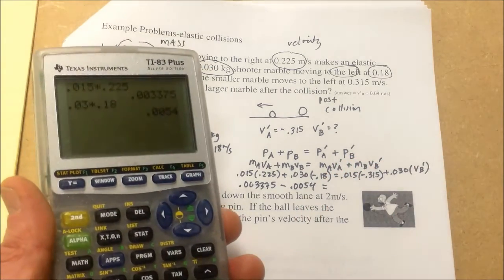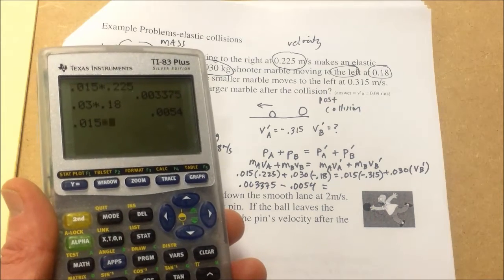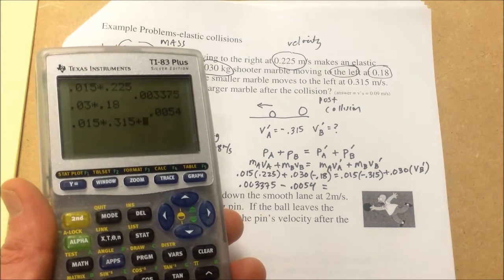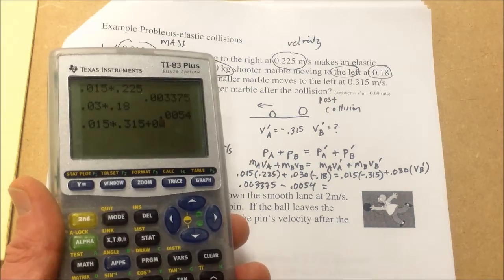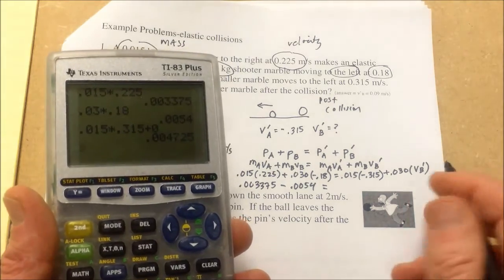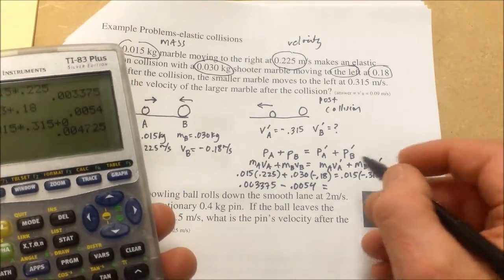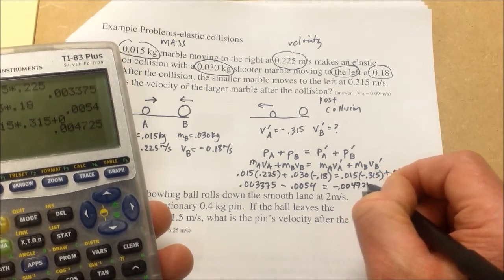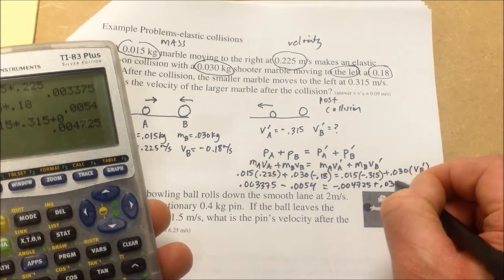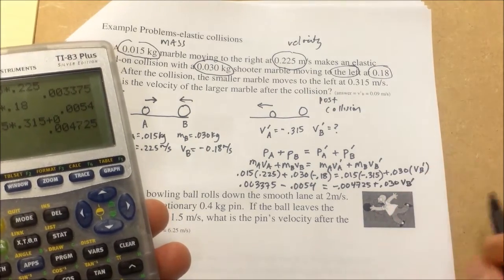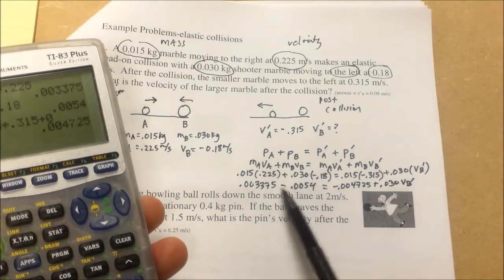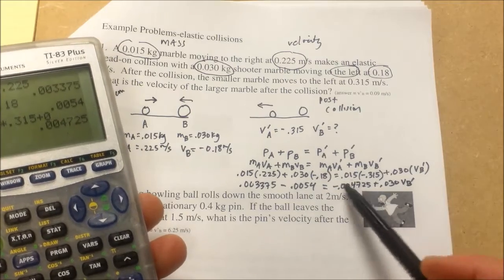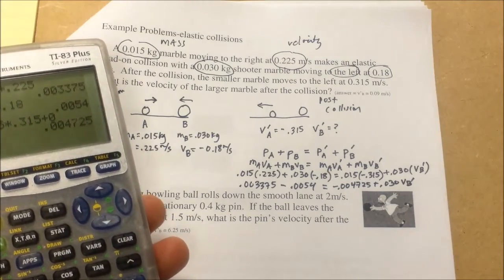Let's figure this one out, 0.015 times 0.315. That's going to be negative 0.004725, plus 0.030 VB prime. We can subtract this; we can put this on the other side by adding it. Do you understand the algebra?